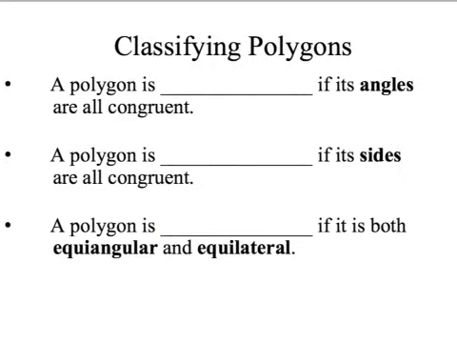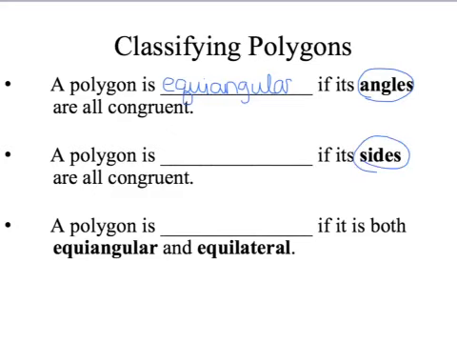Okay, so we name polygons according to the number of sides that they have, but there are several ways you can classify a polygon. First of all, if you have a polygon and all of its angles are congruent. Now think about it, a triangle where all 3 angles are congruent, we call that an equiangular triangle. That's the same thing a polygon would be called. What do you call a triangle if its sides are congruent?